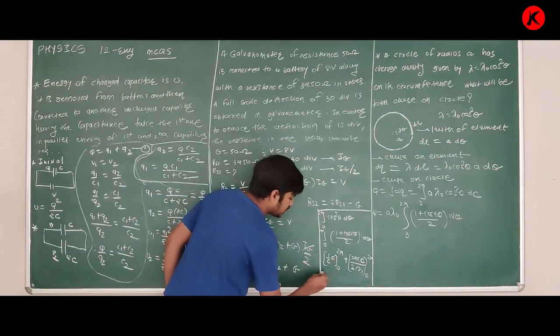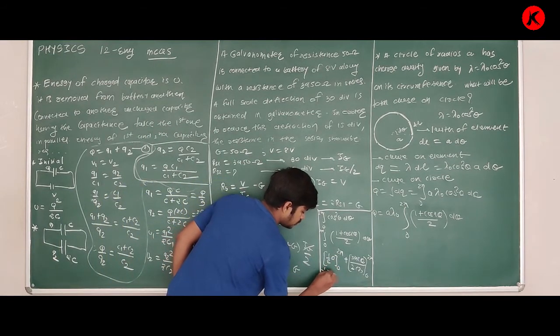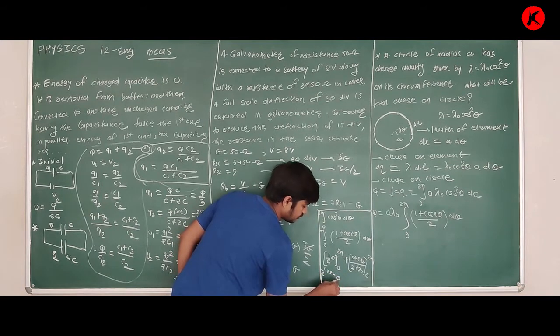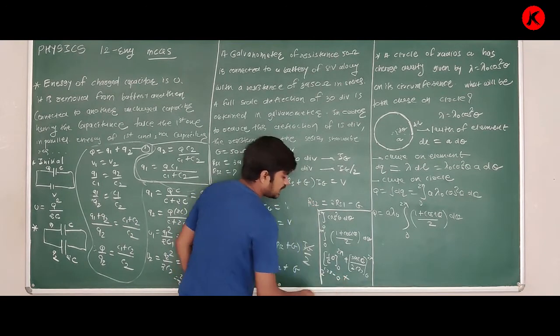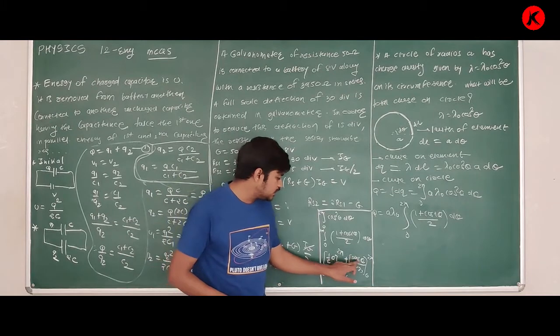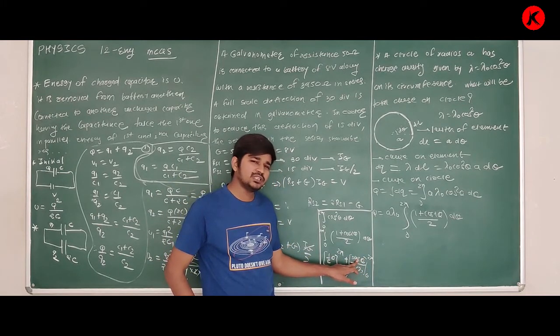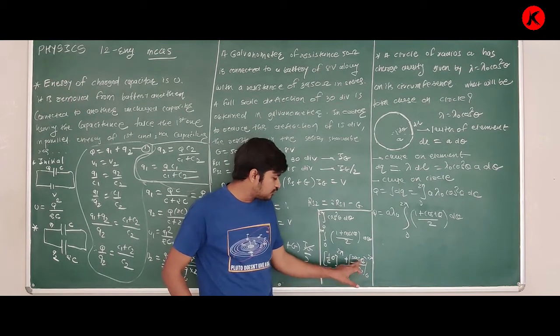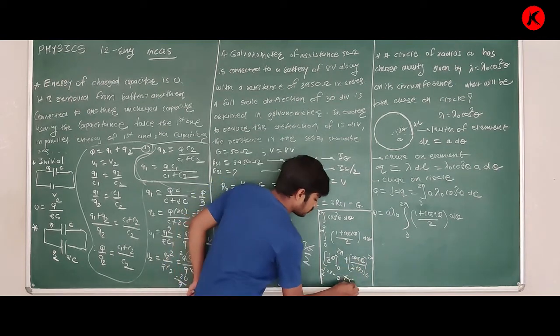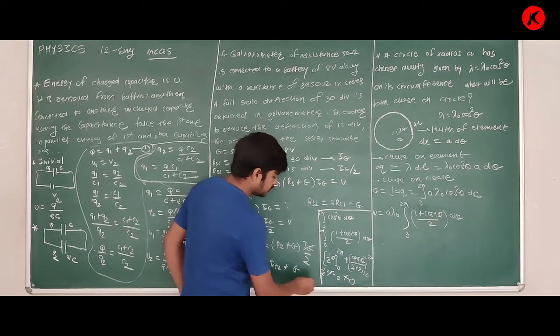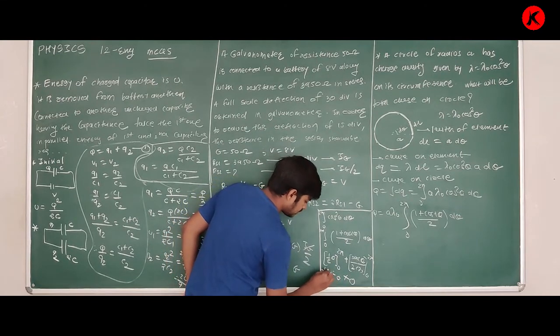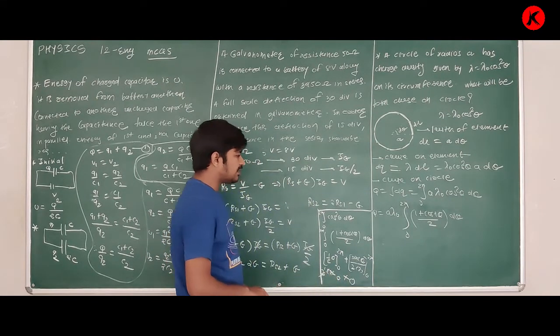Theta is replaced, so it is 1 by 2 into 2 pi minus 0. And if you put theta equal to 2 pi in sine 2 theta, it will be sine 4 pi, and we know that sine 4 pi is 0. If you put 0, it is also 0. So this 2 cuts, this 2 cuts, and 2 cuts, and your answer will remain only pi.